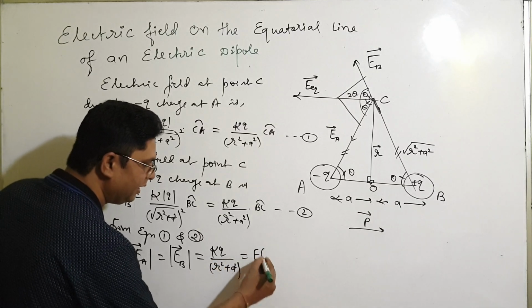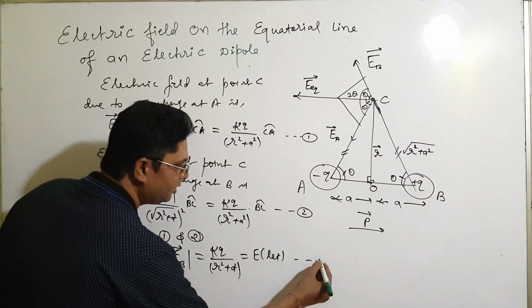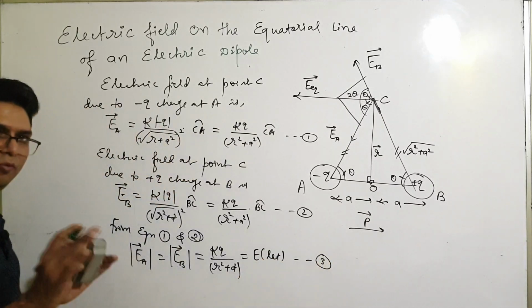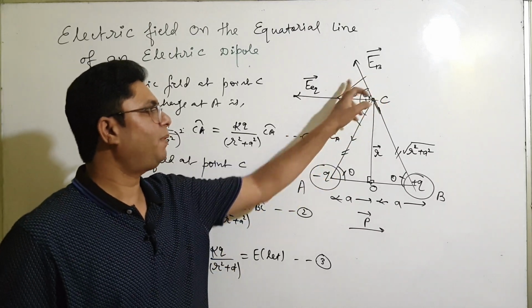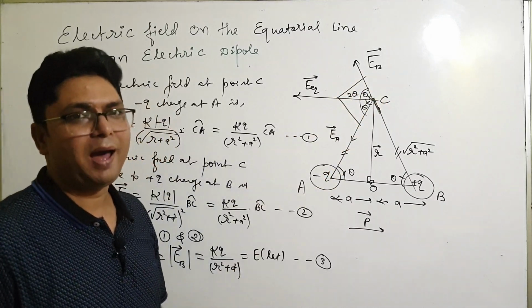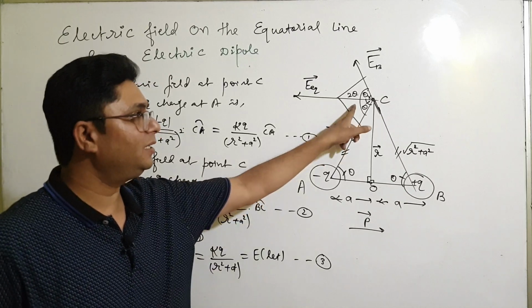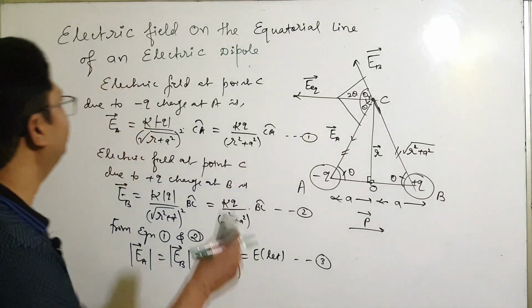Let this be E, single letter E. Let this be equation number 3. Now we have found the two vectors, that is EA and EB. Here is a parallelogram, so we can apply the parallelogram law of vectors at this point to find the resultant.